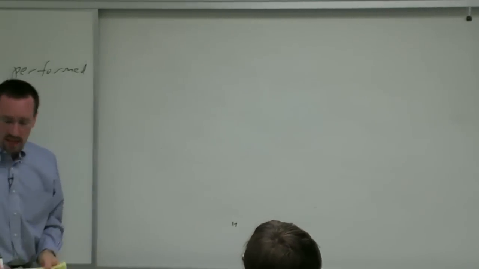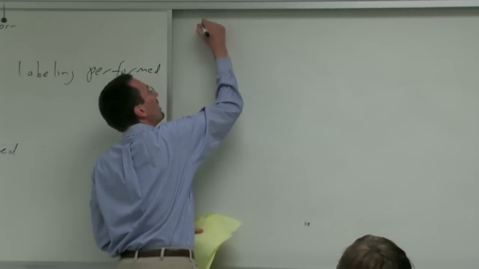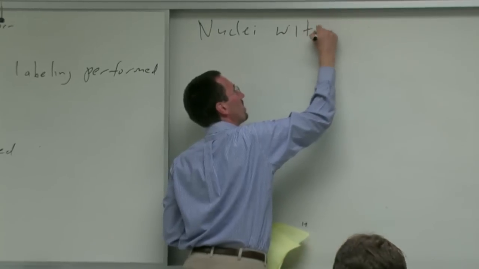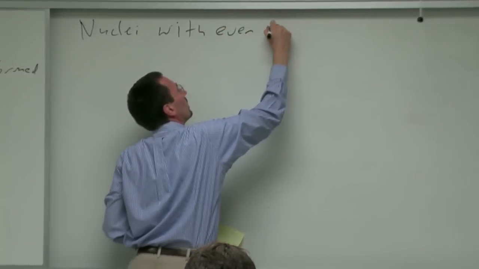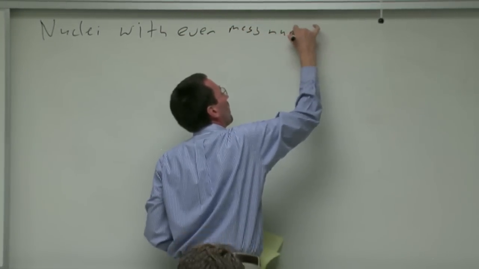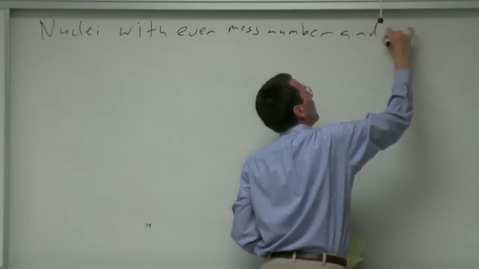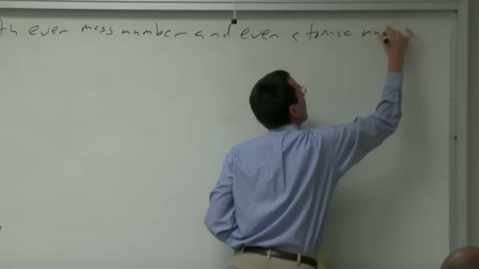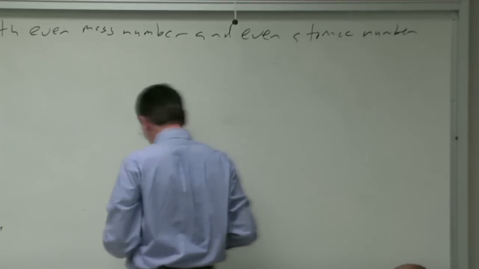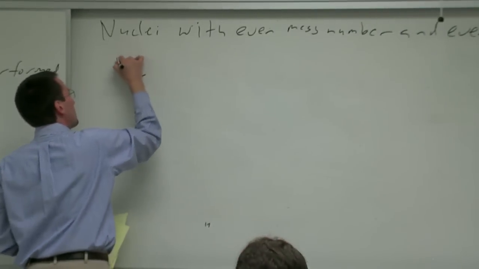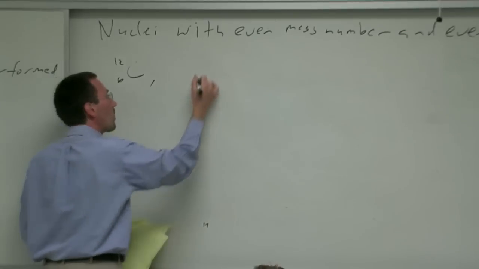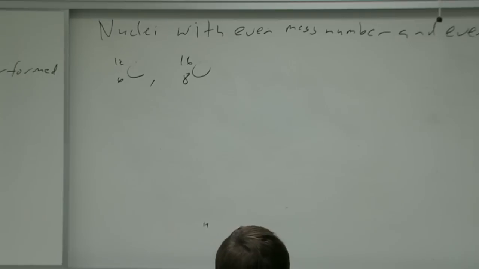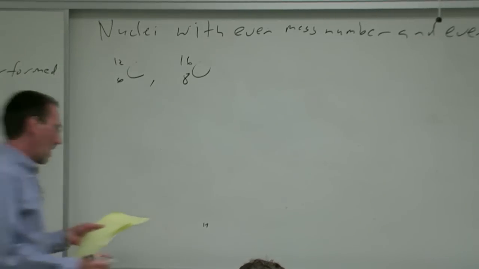Now, the next class I'll talk about is if you have an even mass number and an even atomic number. So that's easy. Those are nuclei like C12, O16. And the answer is very simple. Those have a spin number of I equals 0.